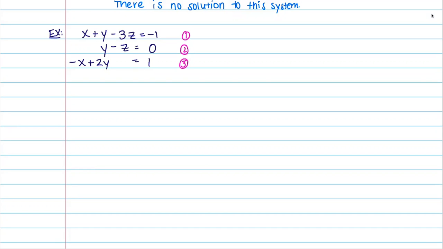So we are trying to solve this system. What will be helpful is for us to start eliminating some variables. So what we can do is add the first equation to the third equation to replace our third equation. So I'm adding 1 plus 3 to replace 3. I'm going to copy these first two, so those are the same, my equation 1 and 2.